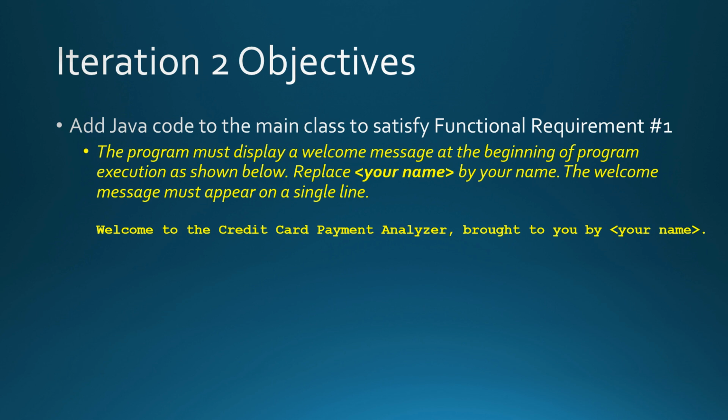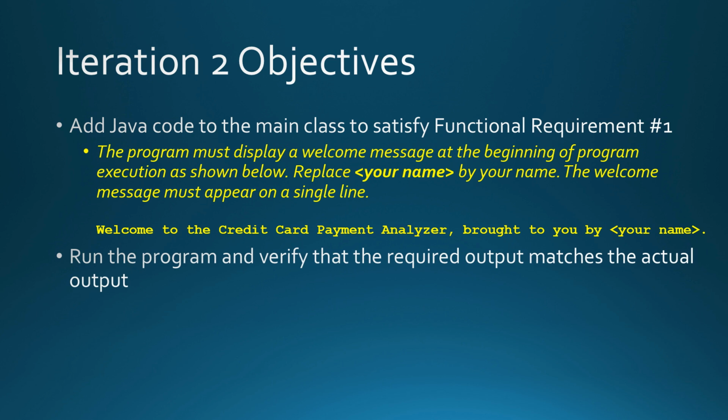Secondly, the welcome message must replace the placeholder designated in angle brackets by your name with the actual name of the author of the program. And finally, the welcome message must appear on a single line.